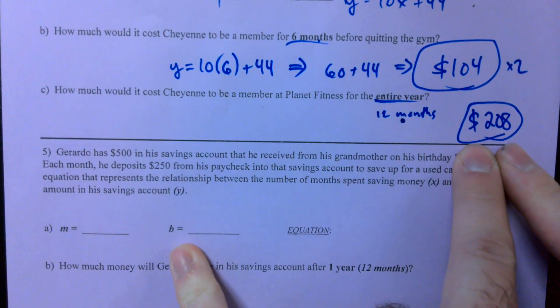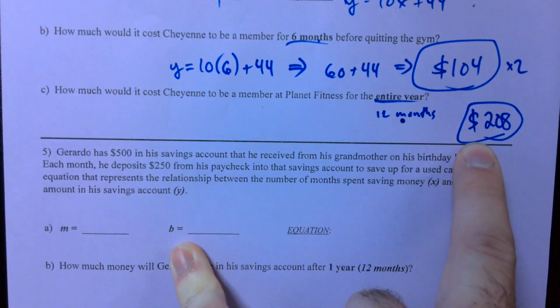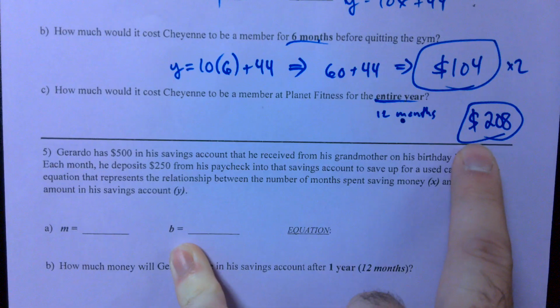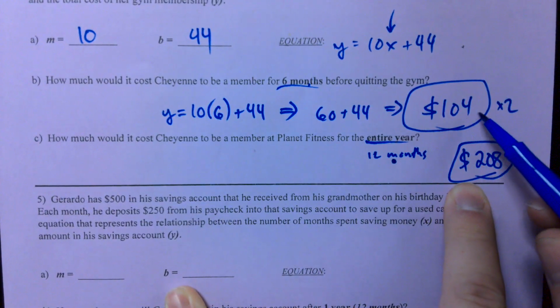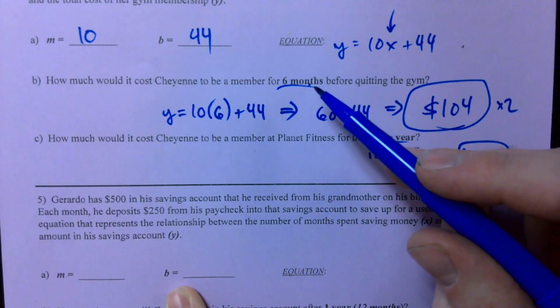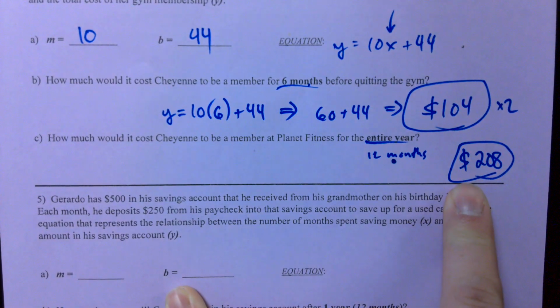You guys following the logic with that? Why is that incorrect though? Think about it. Someone knows it. I know you're tired and you don't want to talk, but I took the $104. Well, if 12 months is twice as long as 6 months, can't I just multiply it by 2 and get 208? Michaela?